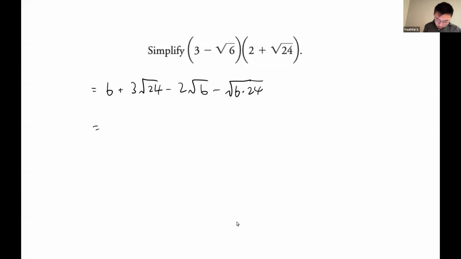All right, and then we have to simplify all of this. So this 24, let's see if we can simplify this. This is equal to 4 times 6. So we can get rid of that 4, and we get 2 root 6. And root 6 is not simplifiable.